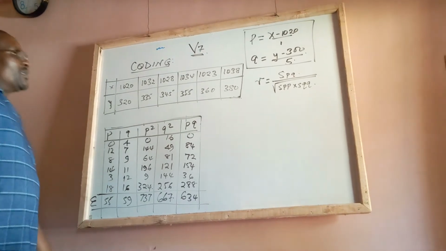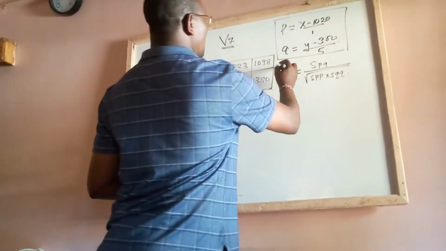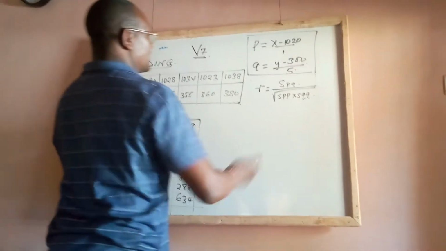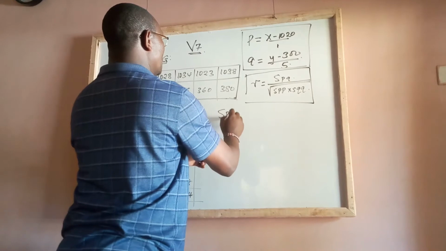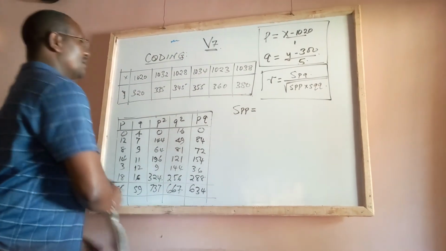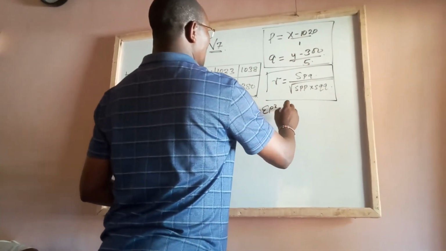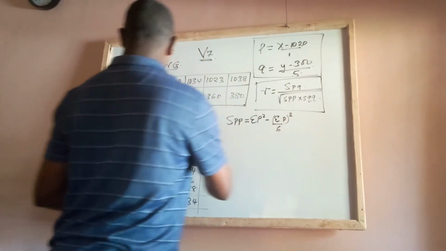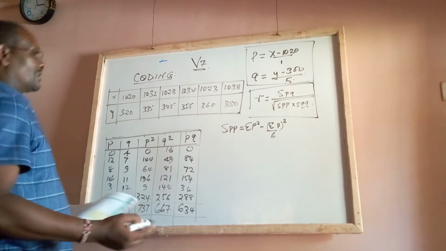At the end of the day, we should be able to remember that R is given by this ultimate formula. And we need to know what is SPP. According to the previous example, SPP is given by sigma P squared minus sigma P, squared, over 6. The number of entries there are 6: 1, 2, 3, 4, 5, 6.